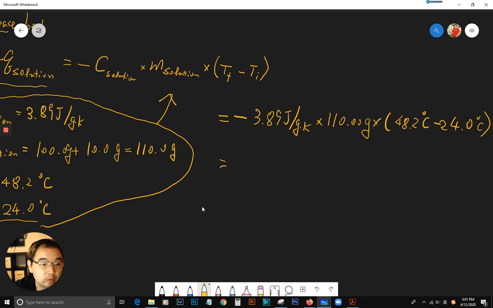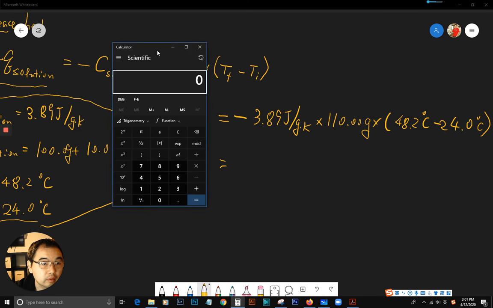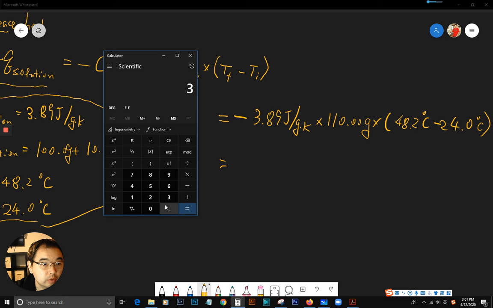Then you put everything into the calculator: negative 3.89 times 110.00 times parenthesis 48.2 minus 24.0 parenthesis.